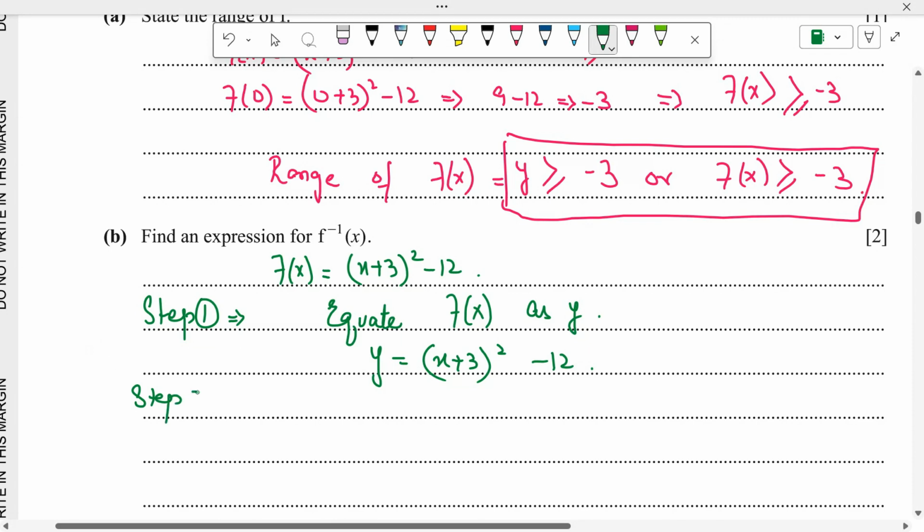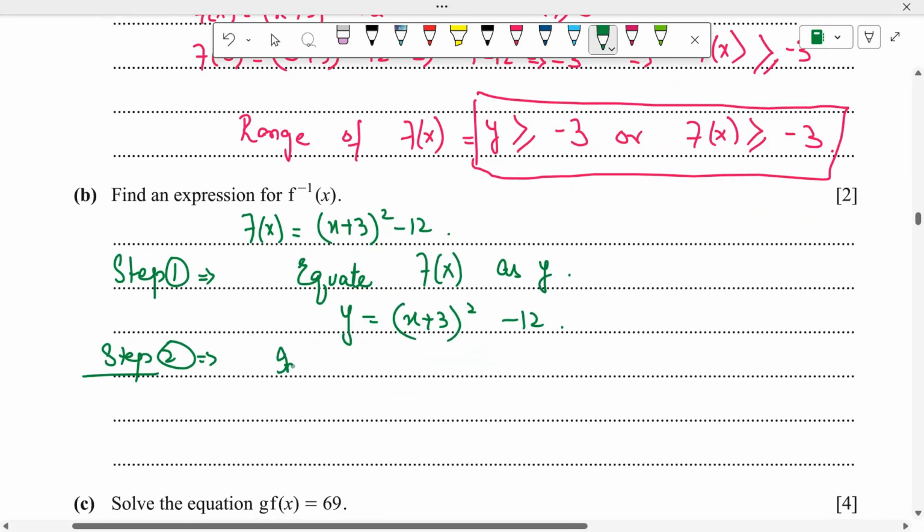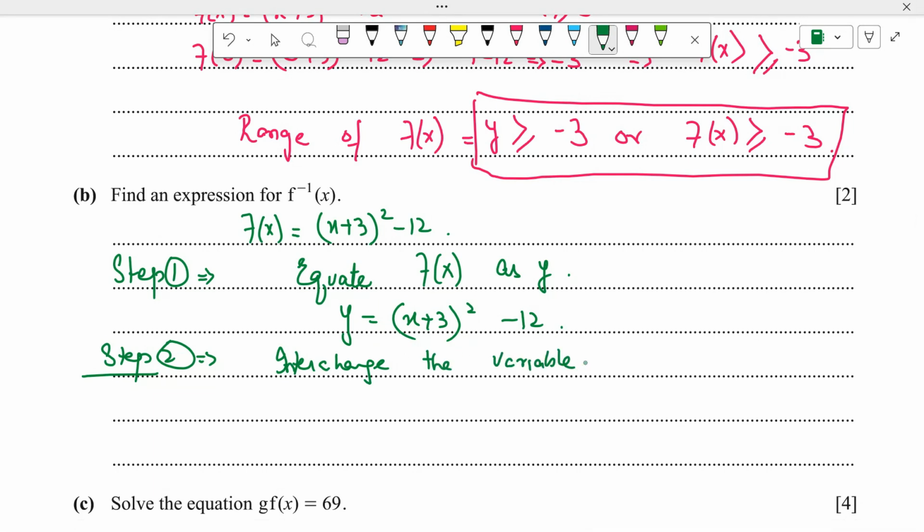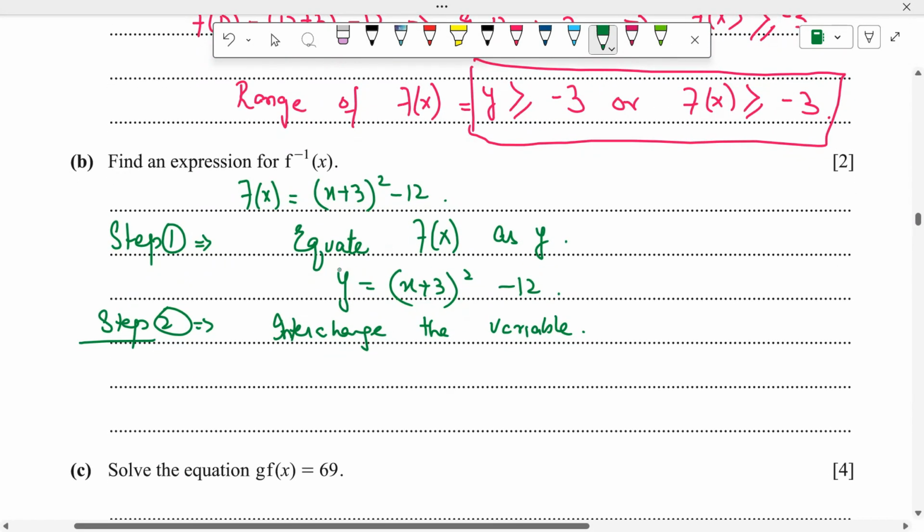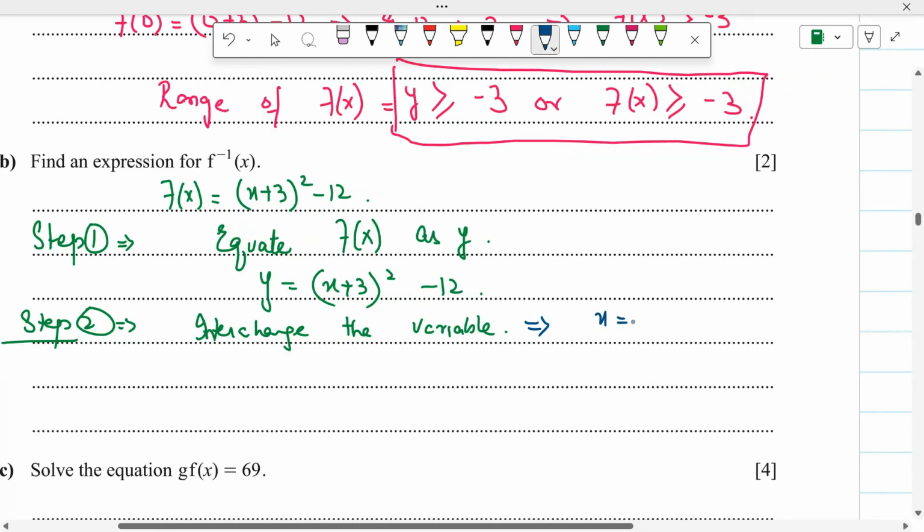Step 2: interchange the variables, so y becomes x and x becomes y. So x is equal to (y plus 3) whole squared minus 12.